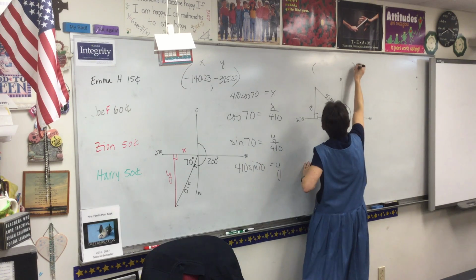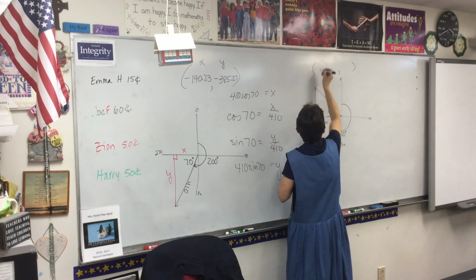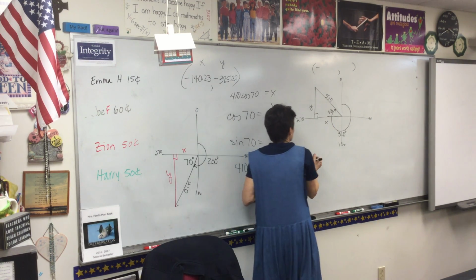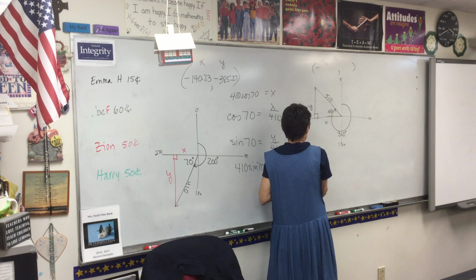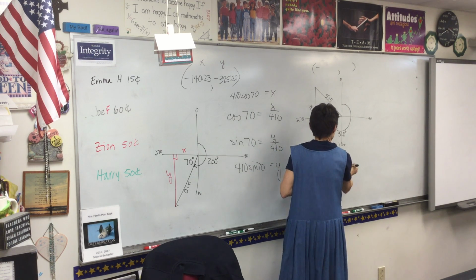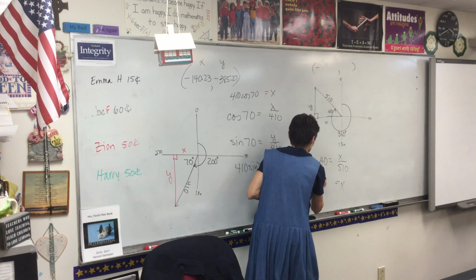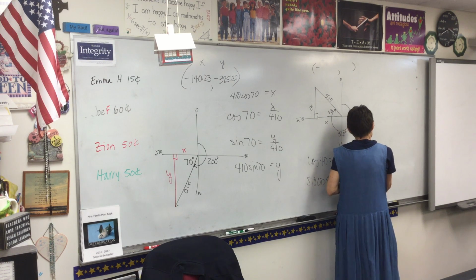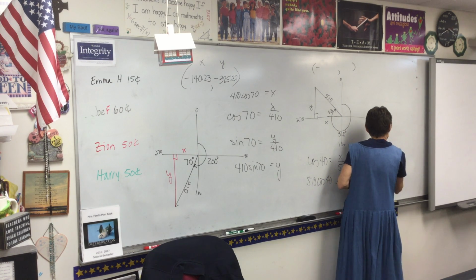This time, what's going to be negative? X. X is going to be negative. So, cosine 40 equals x over 510. And sine 40 equals y over 510.